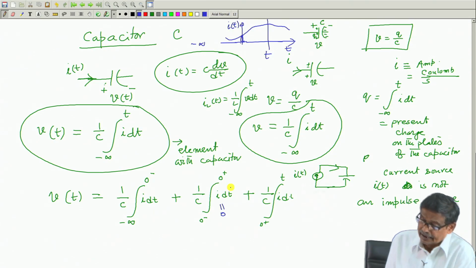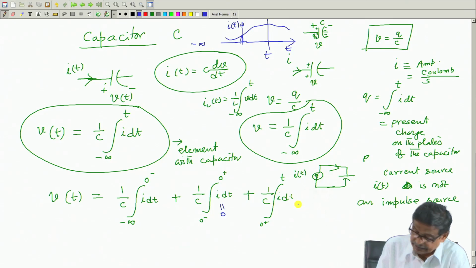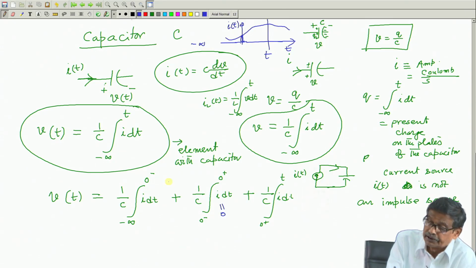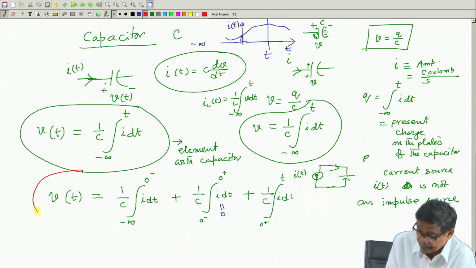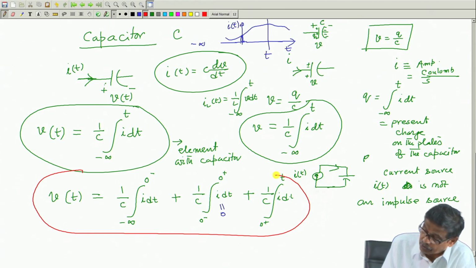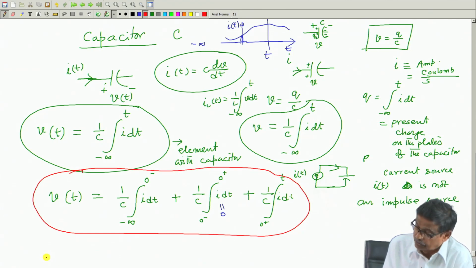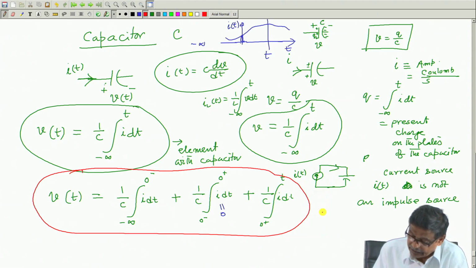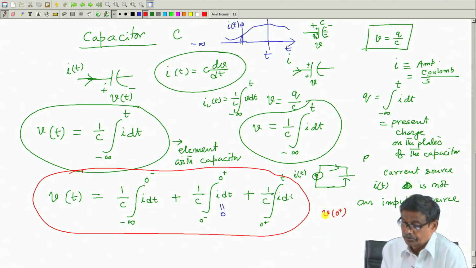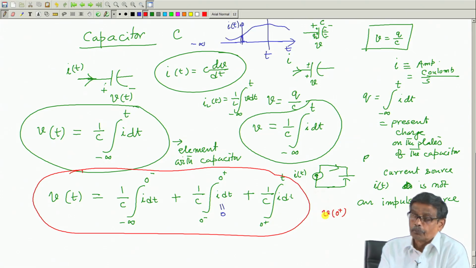Therefore, I will say that what will be the voltage across the capacitor. So, this is the general expression, fine. Put any value of time t equal to 5 second, you will get the voltage across at t equal to 5 second. So, I will now say v at 0 plus. So, what should I do? t will be 0 plus.